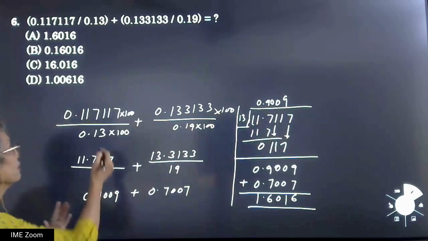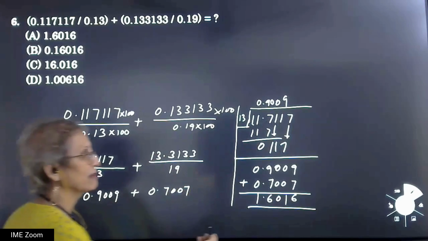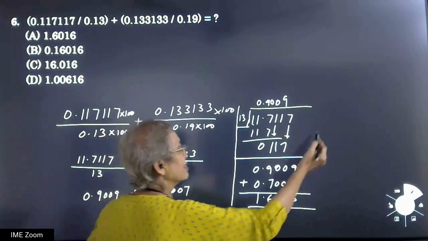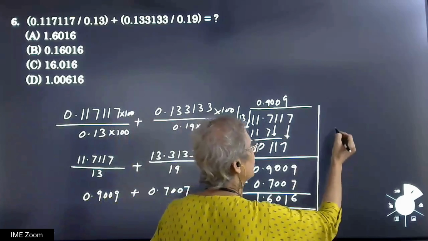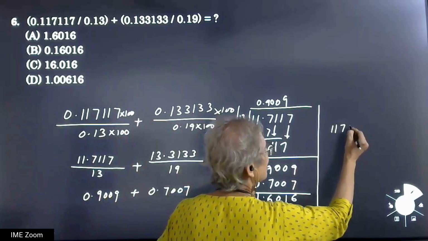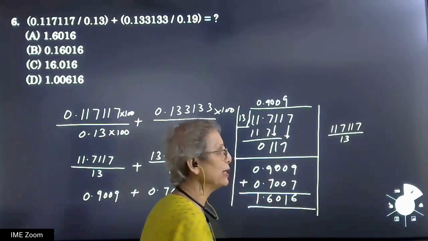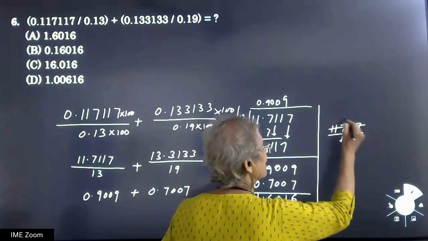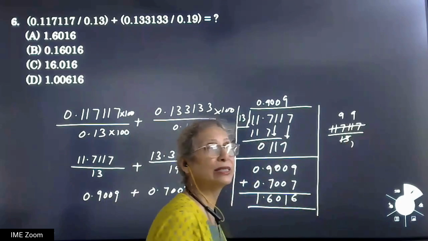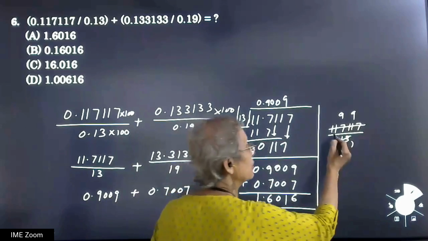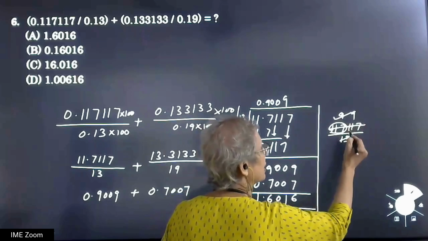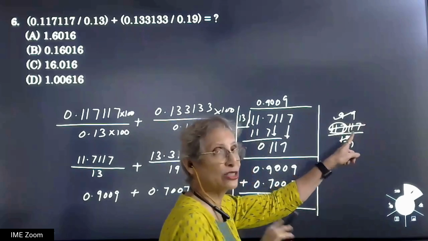Otherwise, sometimes what happens, you will write 99. For example, this is just I'm showing you how you make mistake. 117 divided by 13. Many times what happens? Yes, 13 9s are 117, but no, it is not. First you do 9s are, that is okay. But afterwards you bring down 1, which is not divisible.